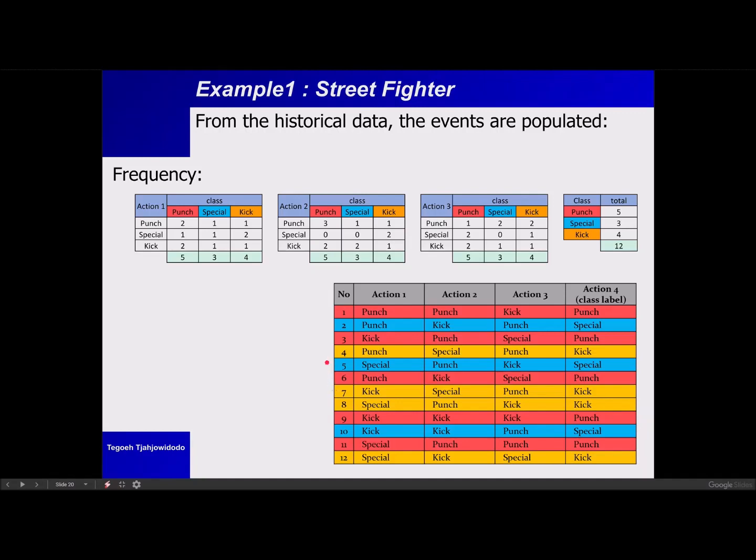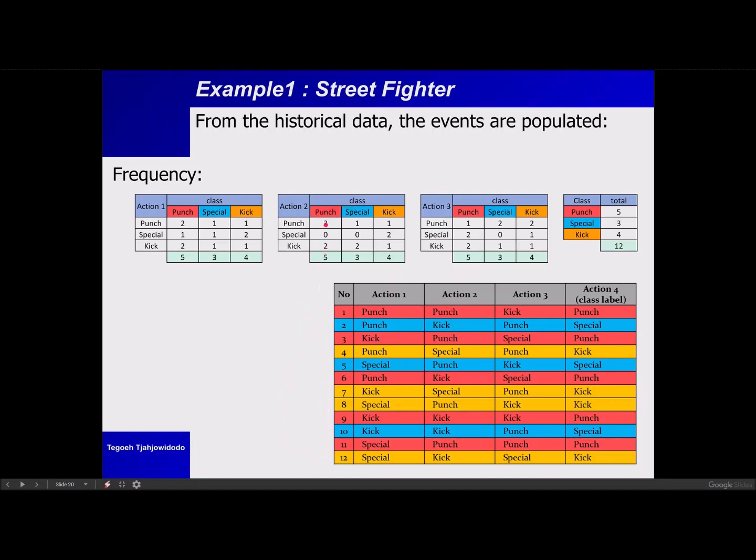Then I do it again for action 2. So for when action 4 is punch, 1, 2, 3, 4, 5, how many of them have punch in action 2? So there is number 1, number 3, and number 11. There are 3 here.